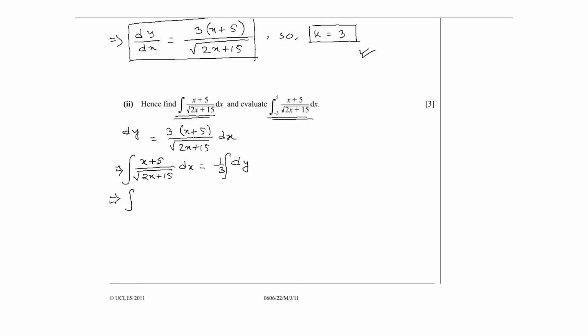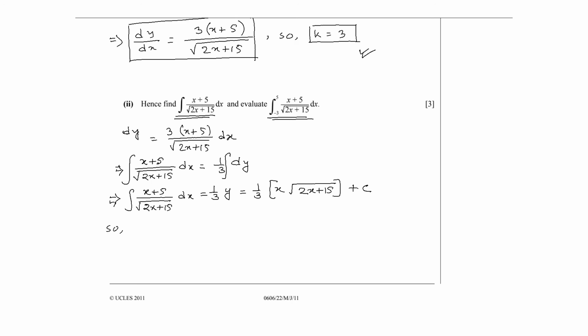Now in the next line we can write the integration of (x plus 5) over square root of 2x plus 15 times dx is equal to 1/3 of y. But the value of y was x times square root of 2x plus 15. Then we have to put the integration constant c.